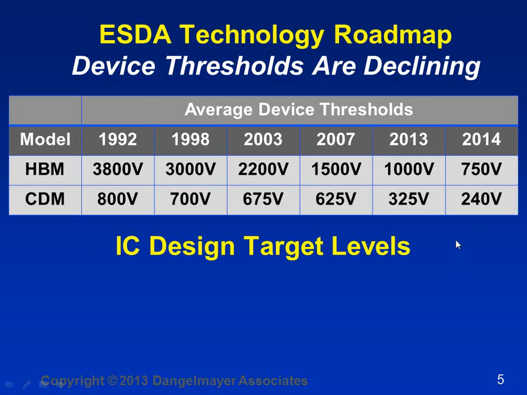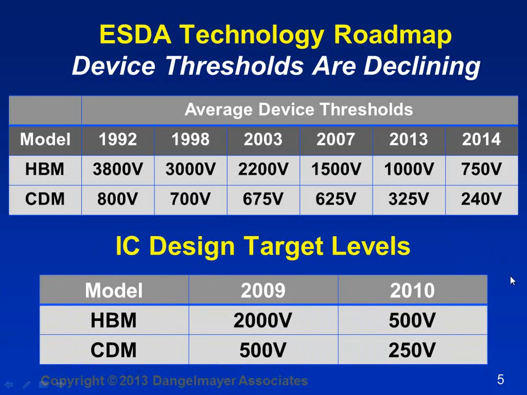Now, what are the IC suppliers using as target levels for their design? Here is the transition that has occurred largely through the work of the Industry Council, which has done some really good work, and there are white papers available on the ESD Association website.